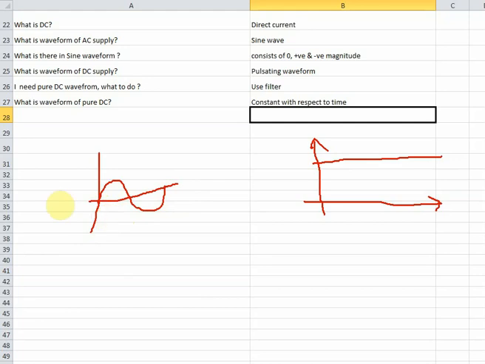How? Because the waveform crosses zero. Zero means no voltage, and at that time your hand will release. So AC shock is no problem, but DC is dangerous. You don't have any options.